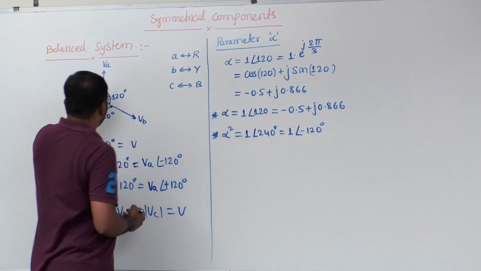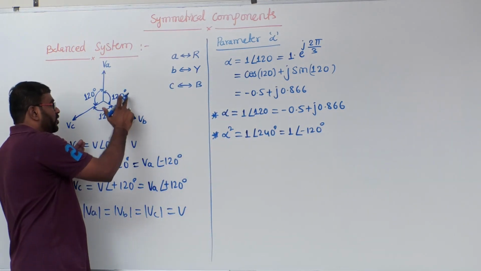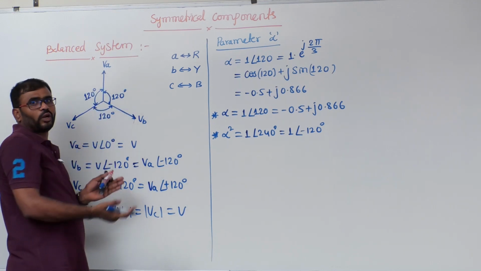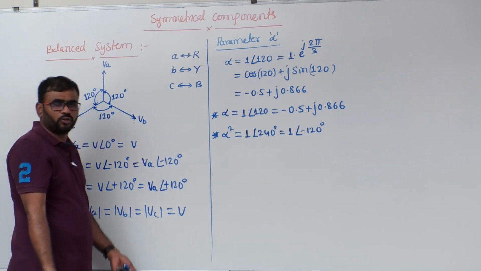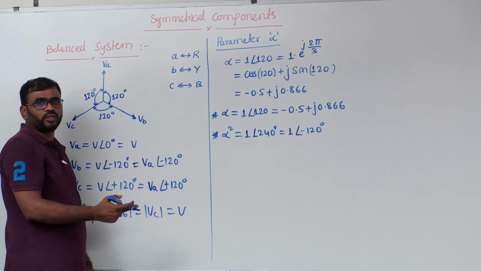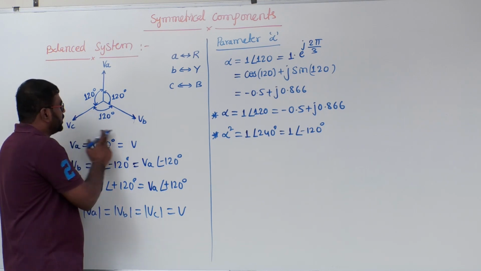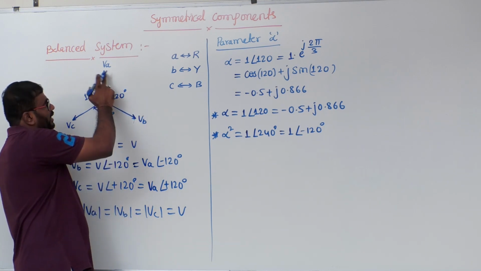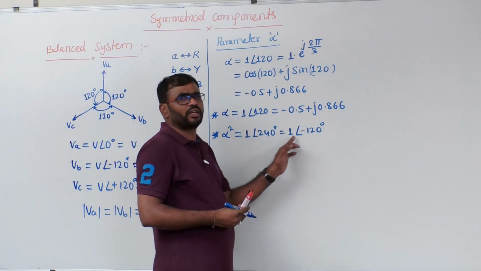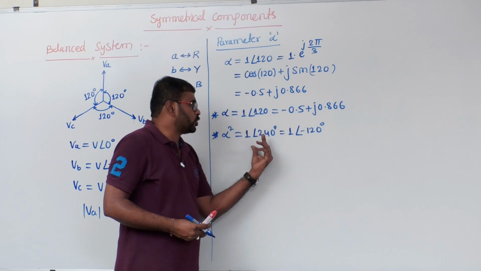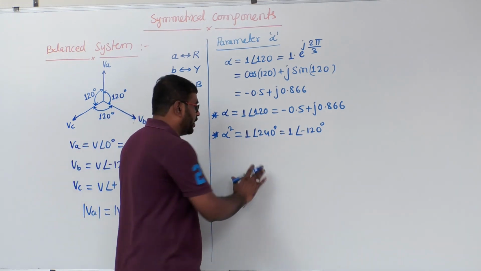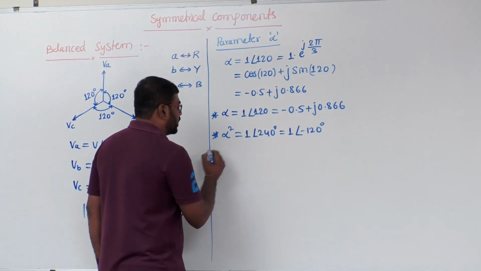For example, if this is your reference, in this direction if you go 240 degrees, but in this direction if you go 120 degrees, reverse direction. So minus 120 you can write. Minus 240 in this direction is plus 120 in the other. So 240 can be written as minus 120, and minus 240 can be written as plus 120, in degrees. Anyway, alpha square equals 1 at an angle minus 120.